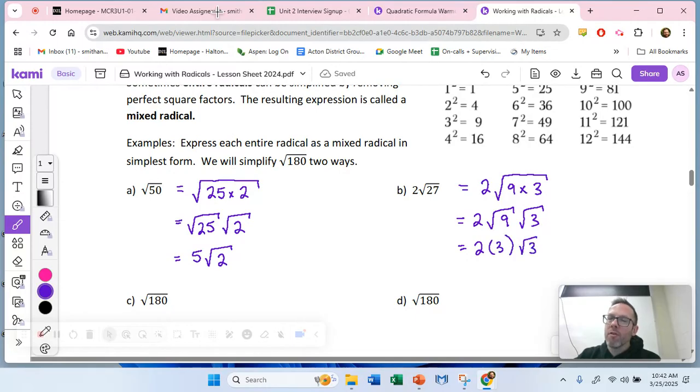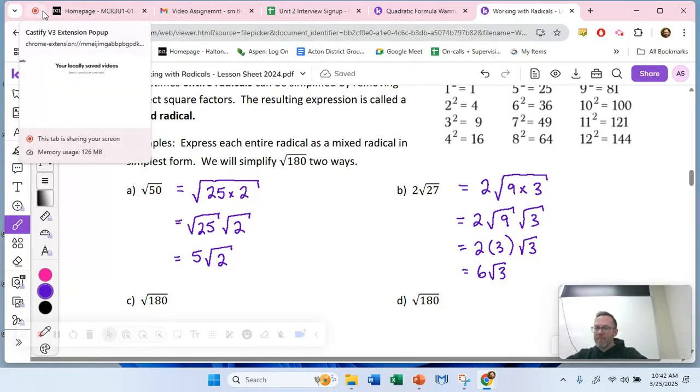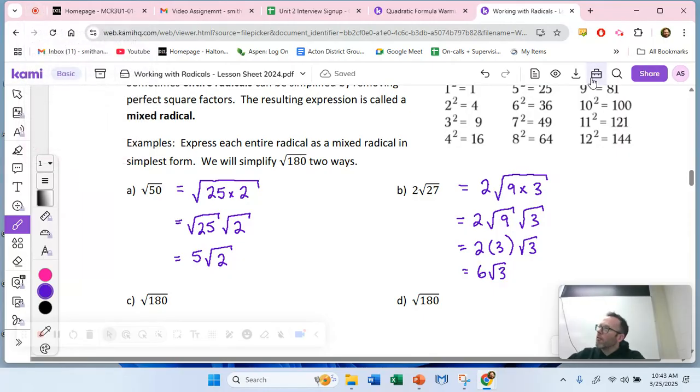And I can multiply 2 and 3 together. 6 root 3. 2 times the root of 27 is equivalent in every way to 6 times the root of 3. What's the advantage? Lower numbers inside the radical. You guys have to trust me that it's useful. It's necessary. 2 in the books.